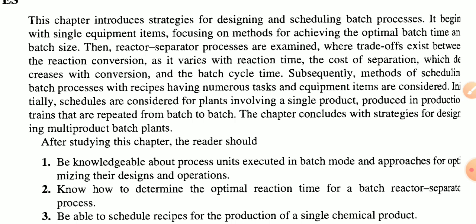Also, the reactor separator processes are examined, wherein some trade-offs exist between the reaction conversion as it varies with the reaction time, the cost of separation which decreases with the conversion, and the batch cycle time. Subsequently, methods of scheduling batch processes with recipes having numerous tasks and equipment items are considered.